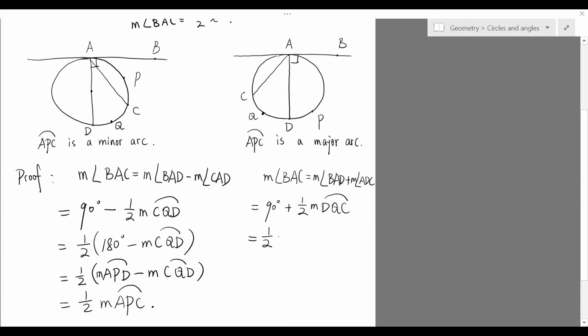With the same trick as what we have done in the last circumstance, we could pull out the 1/2 and then replace the 180 degrees by the measure of the semicircle APD.